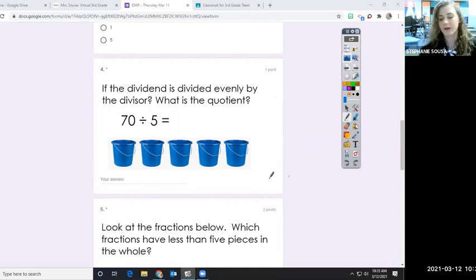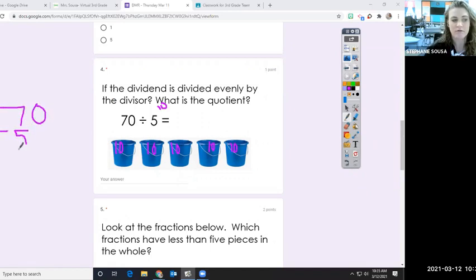So I'm going to start by tens. Why? Because I know that 5 tens would be 50, and 50 is smaller than 70. So I've got 10, 10, 10, 10, and 10. I started with 70. I just got rid of 5 tens, so I only have 20 left. And guess what?